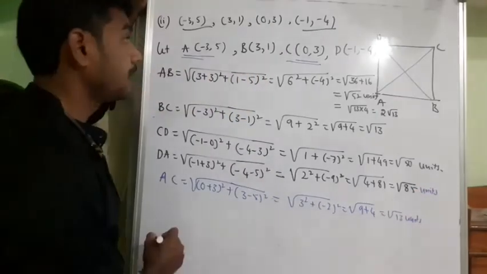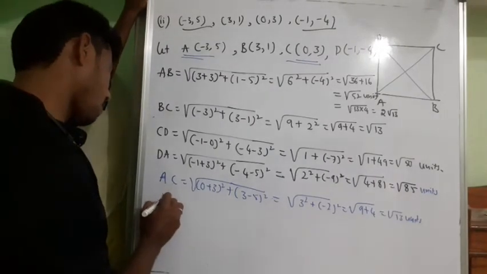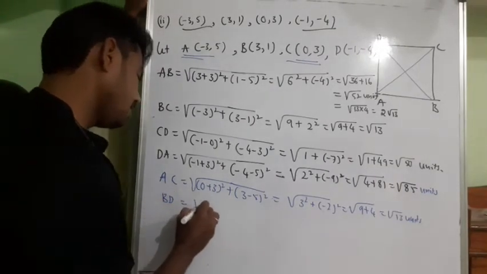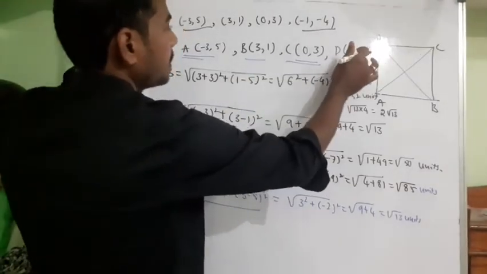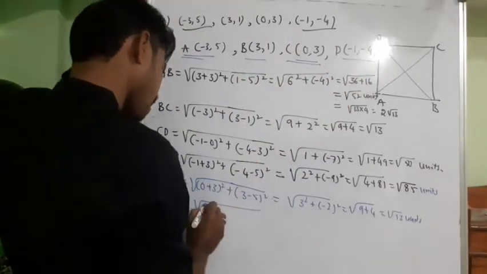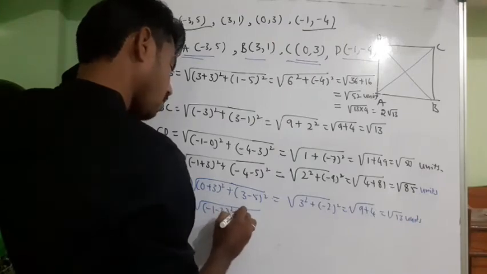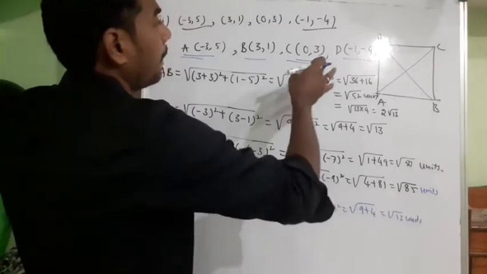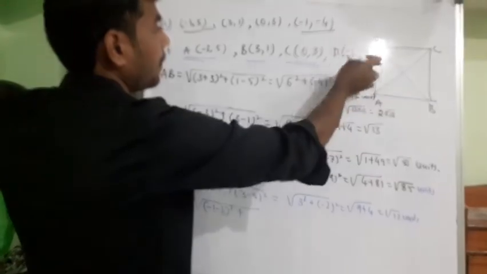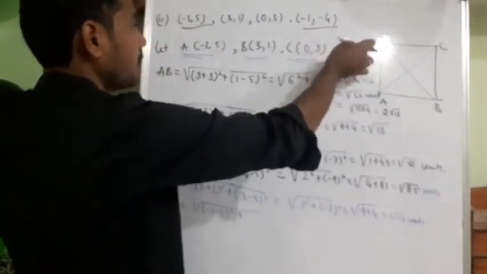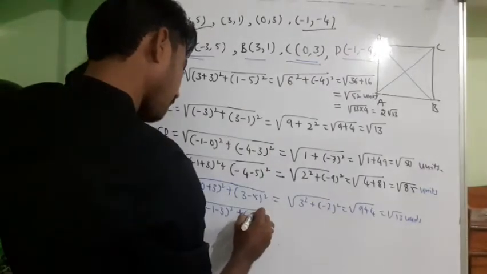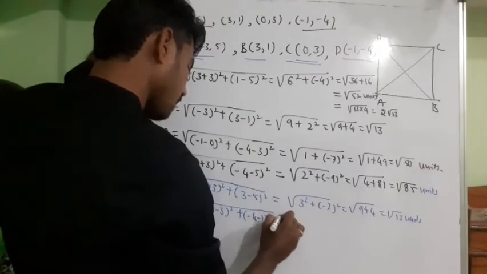Fine. Next, BD. BD is equal to, where is BD? B and D: (minus 1 minus 3) whole square plus (minus 4 minus 1) whole square.